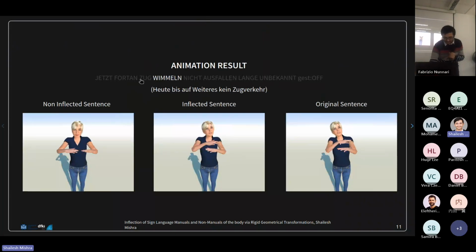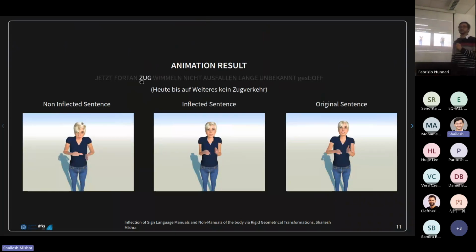Could you please explain what the differences are? So this one comes from the original recording. And these ones are individual signs stitched from the dictionary. And the inflected sentence is the stitched version, but everything is now inflected so that it matches the original sign.